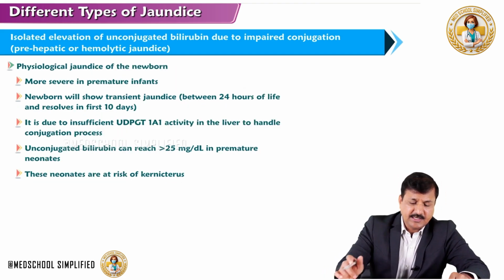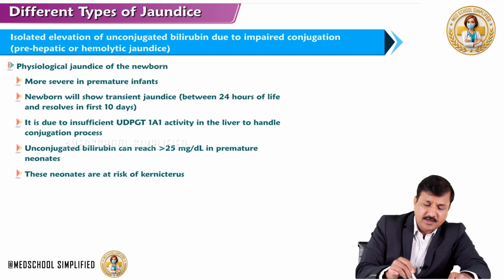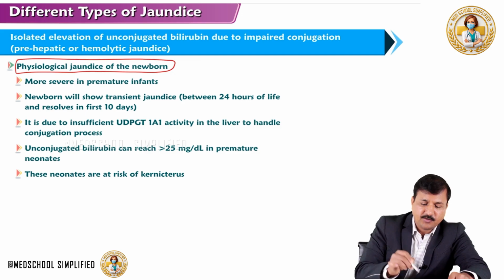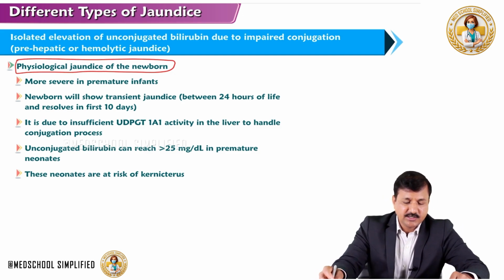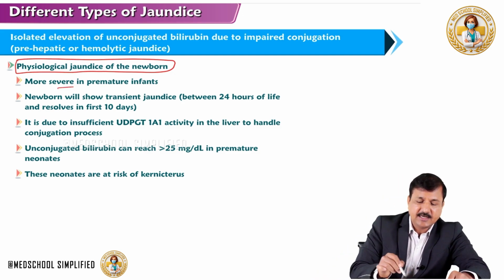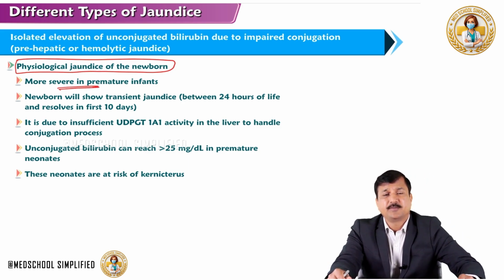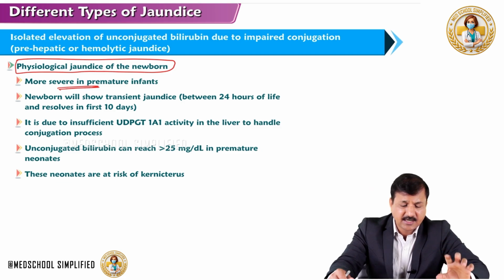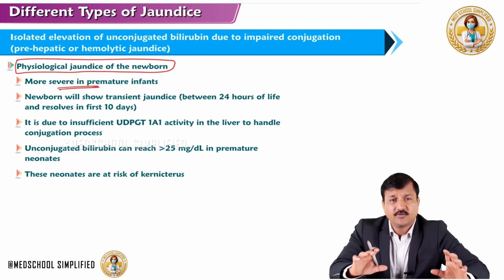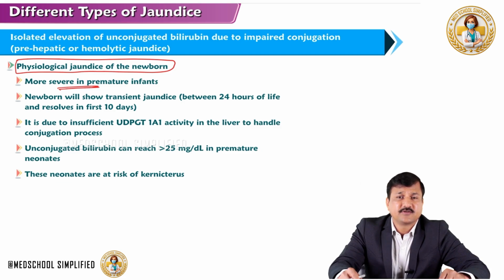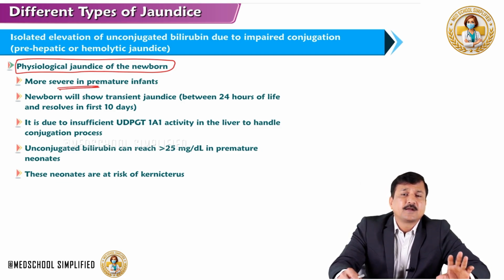Now let's move on to see another type of jaundice, the physiological jaundice of newborn. The physiological jaundice of newborn is generally seen in premature infants or neonates, which are at high risk of physiological jaundice. Although physiological jaundice is seen in most of the newborns, usually it resolves within 10 days.